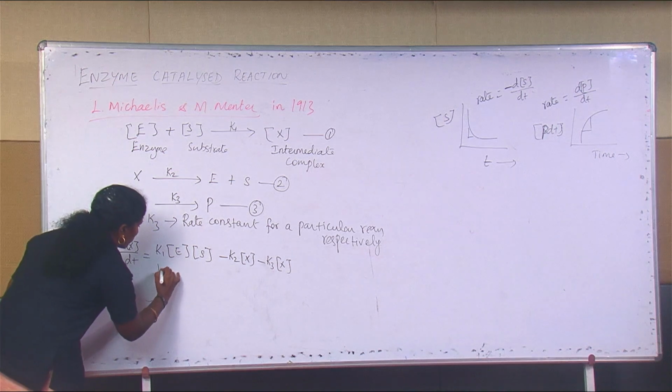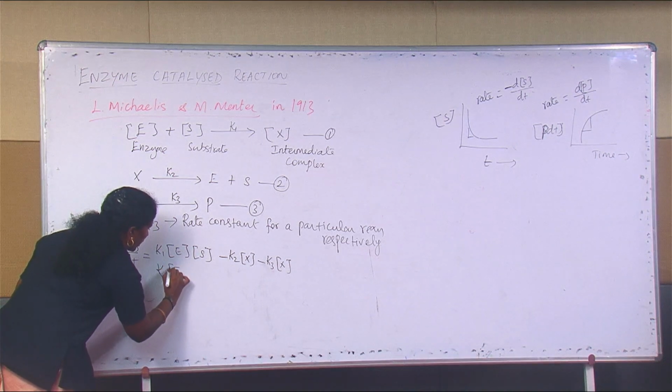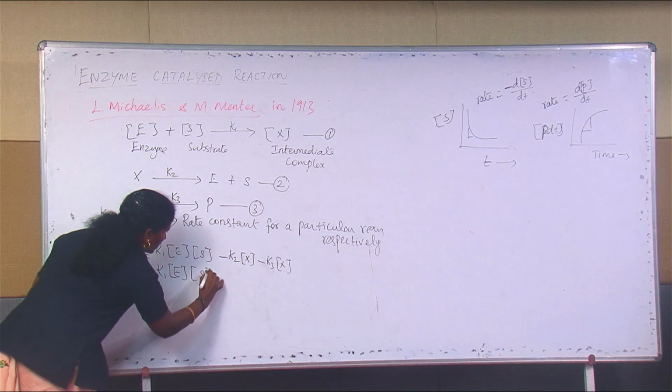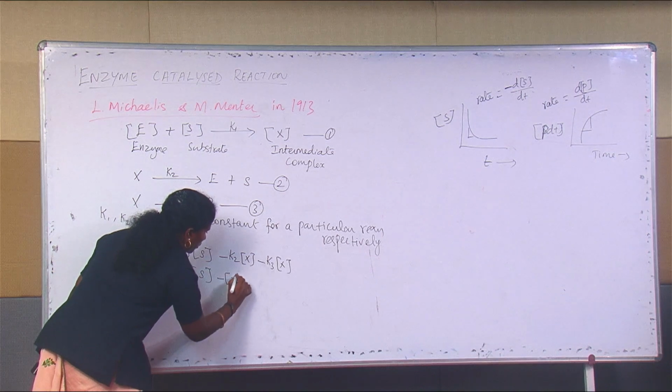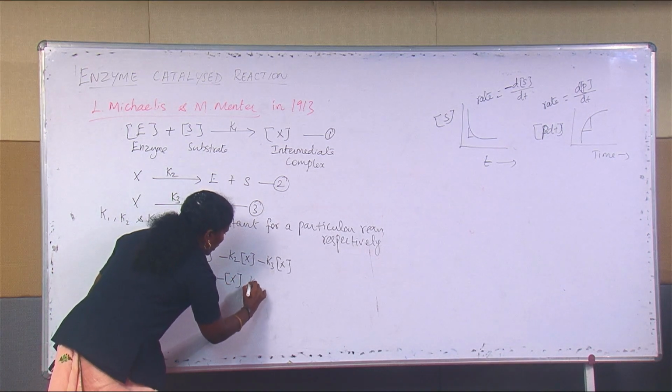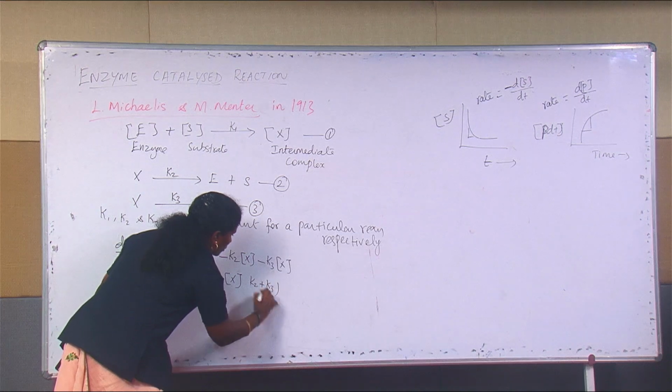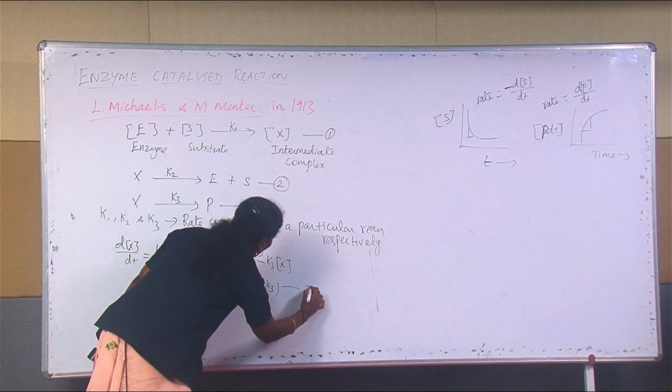It may be written as K1 E S minus X, taking the constant outside, K2 plus K3.